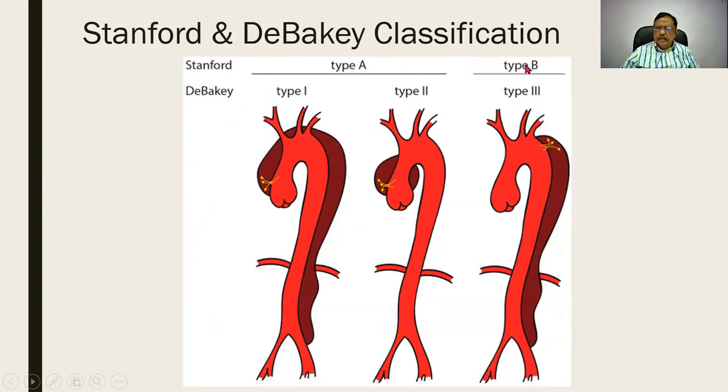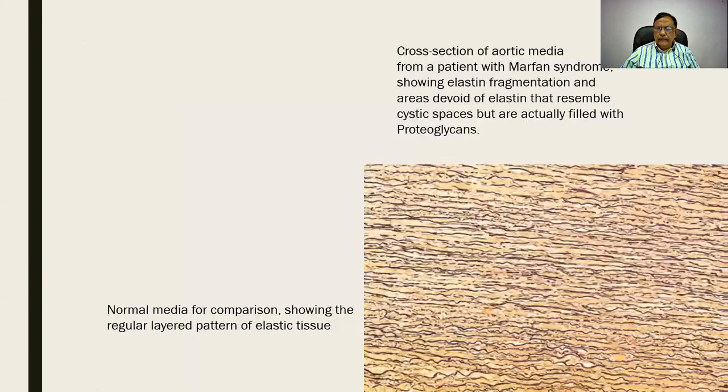So this is type B. In type A, the arch and the ascending aorta may be involved. In another it is restricted to the ascending aorta. So compulsorily you find that the ascending aorta is involved. Here it is restricted to the descending aorta. Type A, type B, dissecting aneurysms.